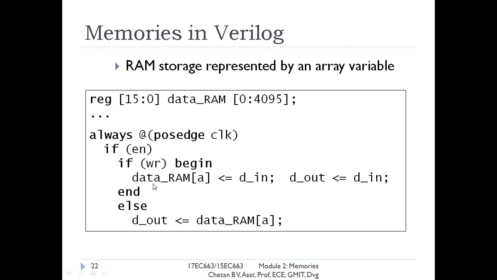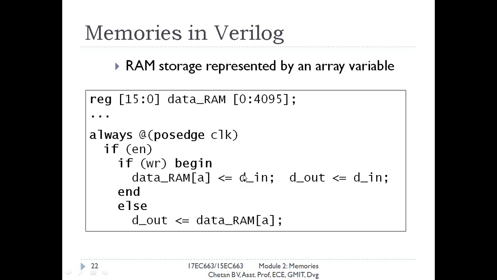For that reason, data RAM. This data RAM is nothing but the array we have declared. So we are accessing one element or one location of this data RAM by using this index A. This small a is nothing but the actual address value. So that address will act as the index here. This is the data which is waiting at the input terminal.